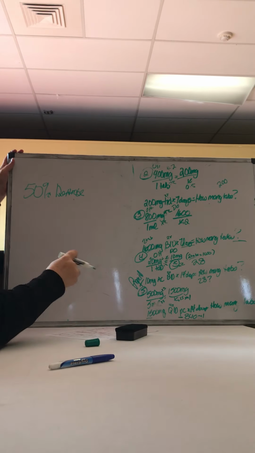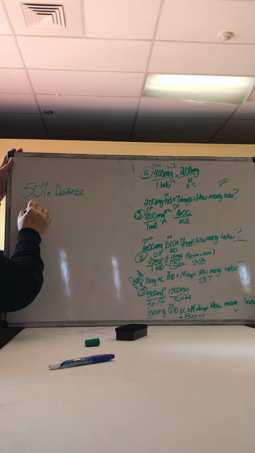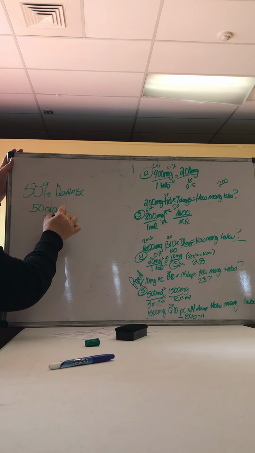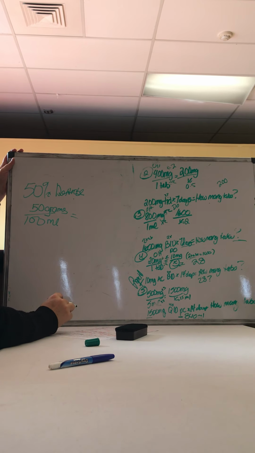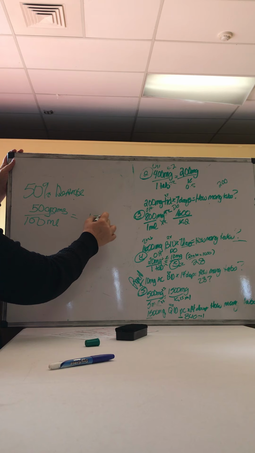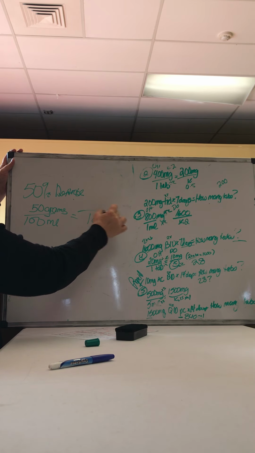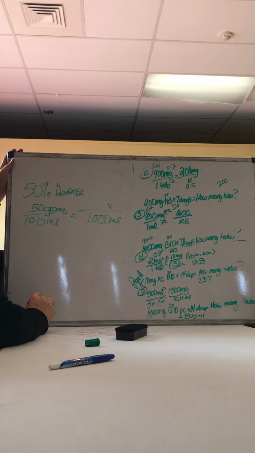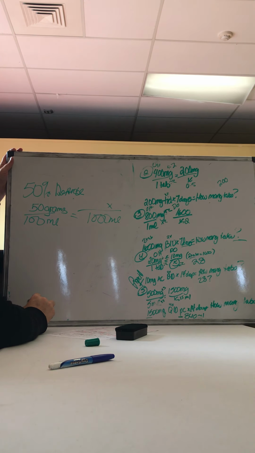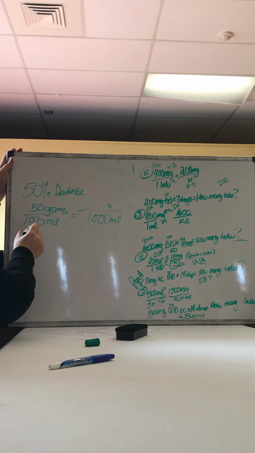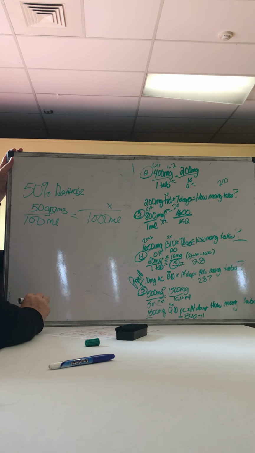50% dextrose. What do we know? We got 50 grams over 100 ml. Yes. Always. Doctor orders 1,000 milliliters. How many grams is that going to be? How did you go from 100 to 1,000?